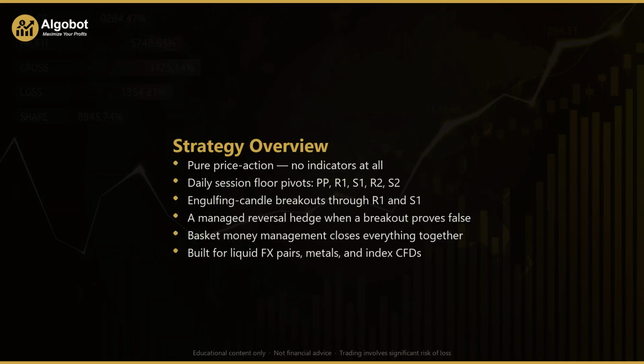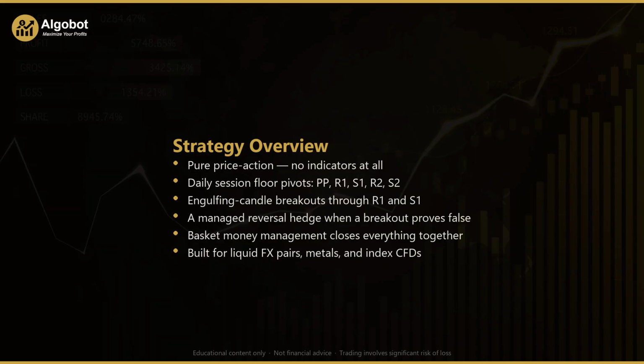So what exactly does False Breakout Hedge do? At its heart, this expert advisor is built entirely around price action. It uses no moving averages, no relative strength index, no average true range, and no bands of any kind. Instead, it leans on two of the oldest tools in a discretionary trader's kit: floor pivot levels and the engulfing candle pattern.